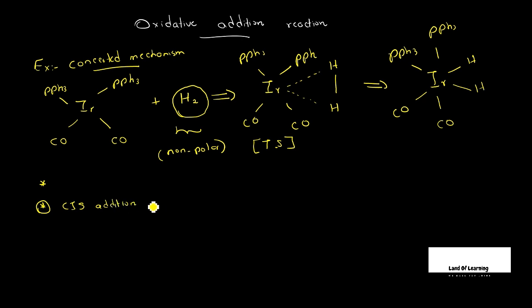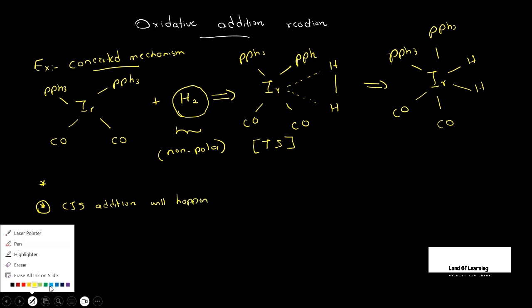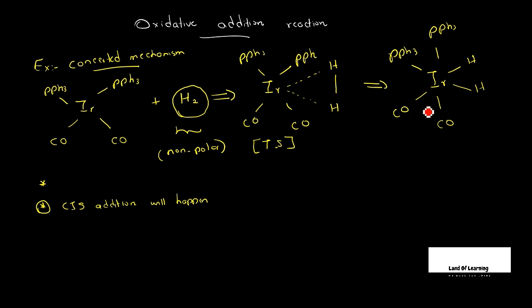What is cis addition? Let me take another color. Okay, we will take red color. Cis addition means when the simultaneous bond forming and bond breaking happens and the hydrogens are going to bond to our metal center, these are always at cis positions, right?